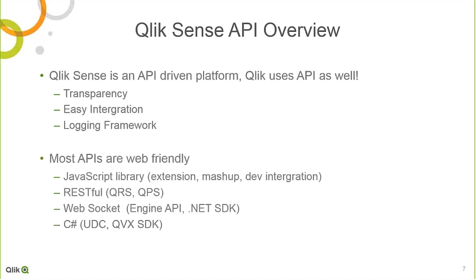Another typical feature in Qlik Sense is that most of the APIs are web-friendly. As we understand, Qlik Sense is based on several Windows services. They communicate with each other with web protocols. Some of them are based on RESTful, some are based on a library, and some are based on WebSocket.